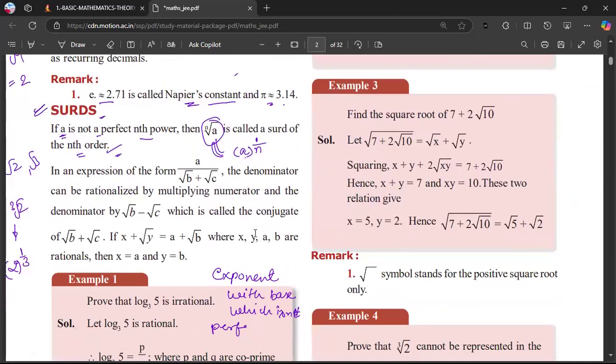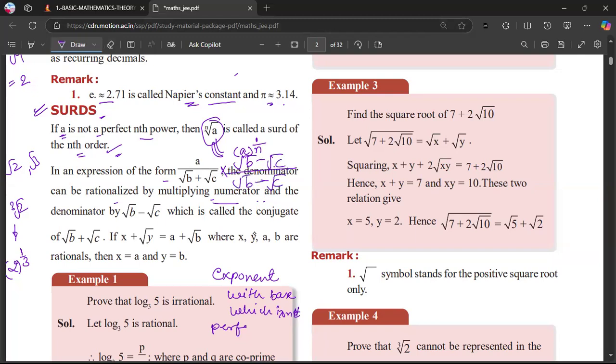So in an expression of this form, the denominator can be rationalized by simply multiplying the numerator and denominator by the conjugate. We know about rationalization: if there is a situation like this in the denominator, we will multiply by root b minus root c over root b minus root c.